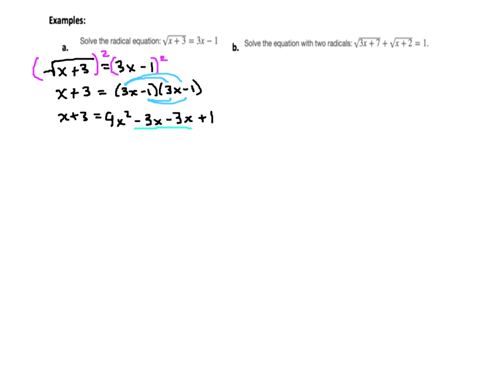So I'm going to go ahead in this same step and subtract x from both sides and subtract 3 from both sides to get that left-hand side equal to 0. It doesn't matter which side equals 0 because anything always equals itself. That's the reflexive property, but just do whatever is easiest for you.